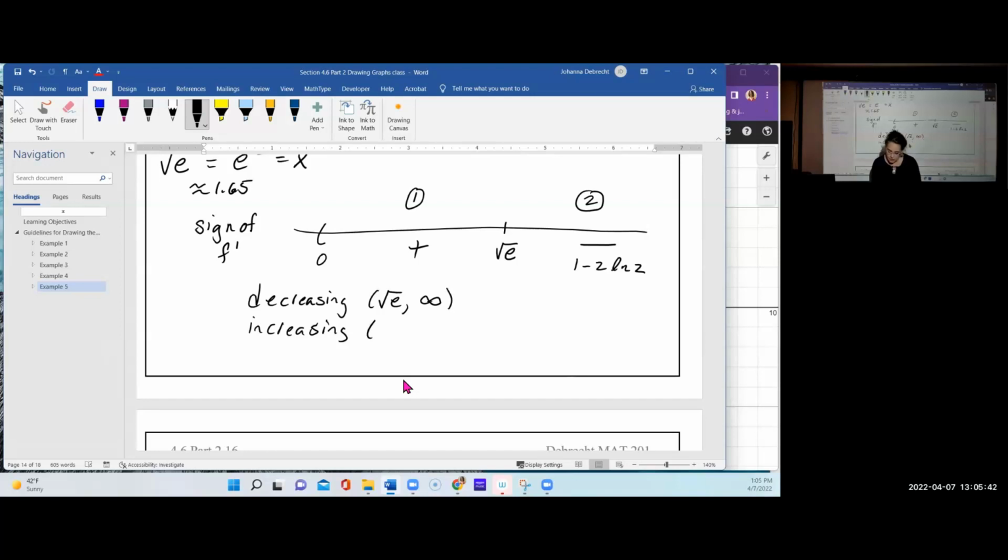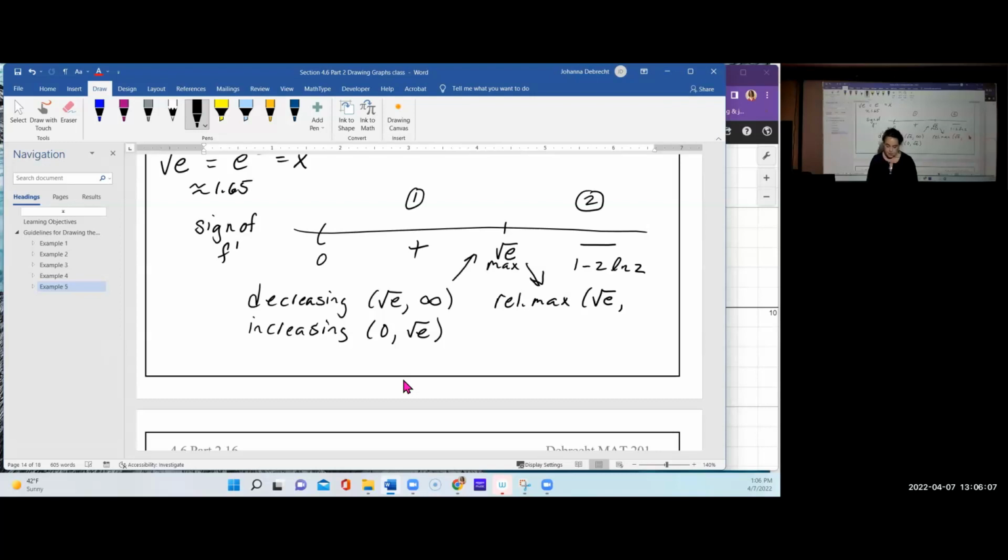And I've got increasing from 0, which is where the domain starts, up to the square root of e. And I've got a positive uphill here and a downhill here, which means that I have a relative maximum, or possibly an absolute maximum, hard to say. So I have a relative max at the square root of e.